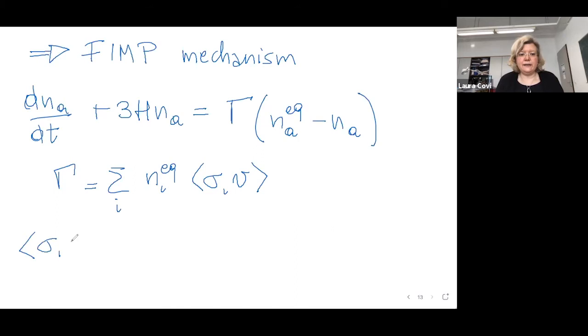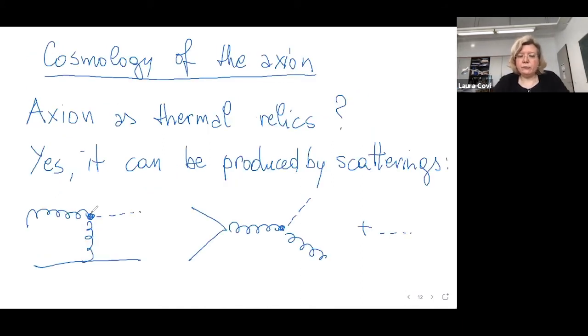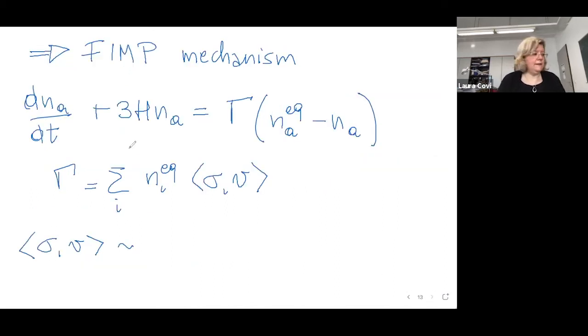Since you have a non-renormalizable coupling, you can see immediately that if you look at these diagrams here, you have this vertex, which is exactly this 1 over f_a times the g squared over some factors of pi. But here you have again another gauge coupling. So at the end, what you obtain is something which goes like the strong coupling constant to the cube, divided by some pi factors, and 1 over f_a squared.